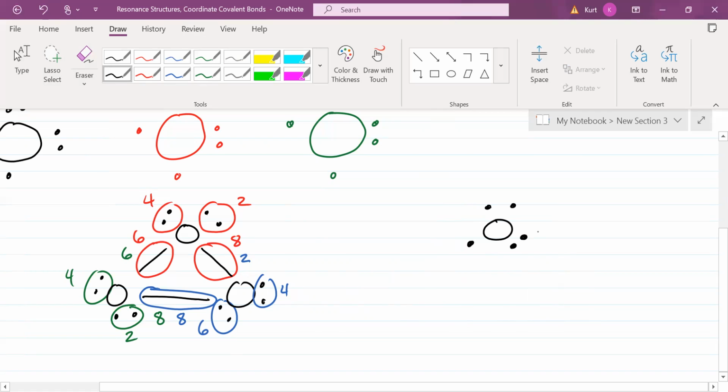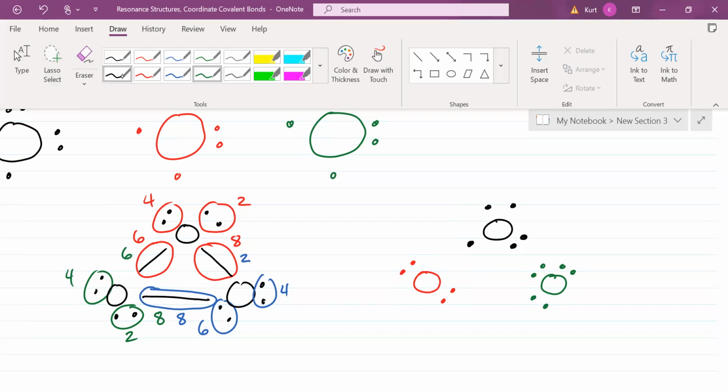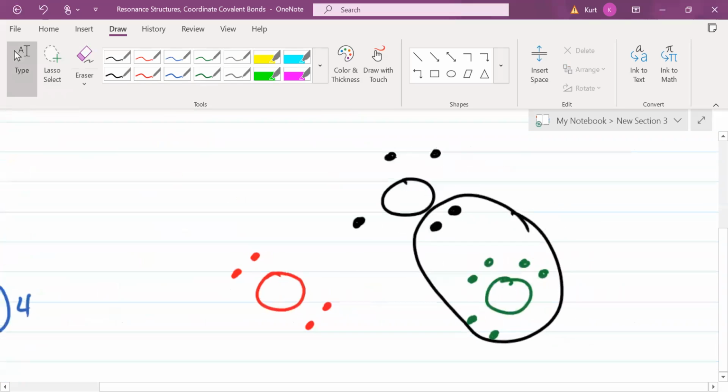There we go. Okay, so that one has 6. How many electrons does the green one have right here? 8. Has 8.